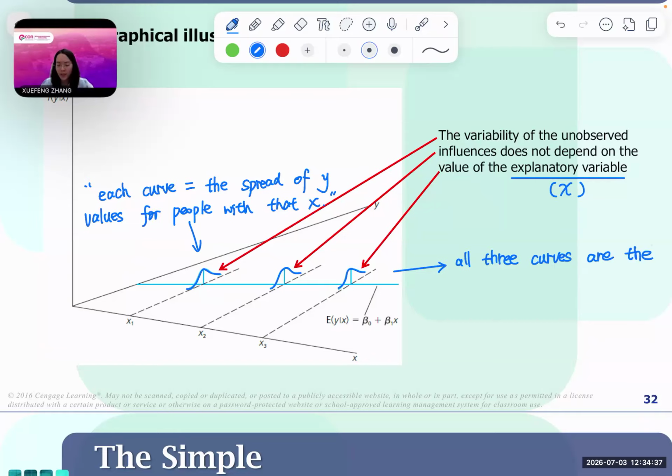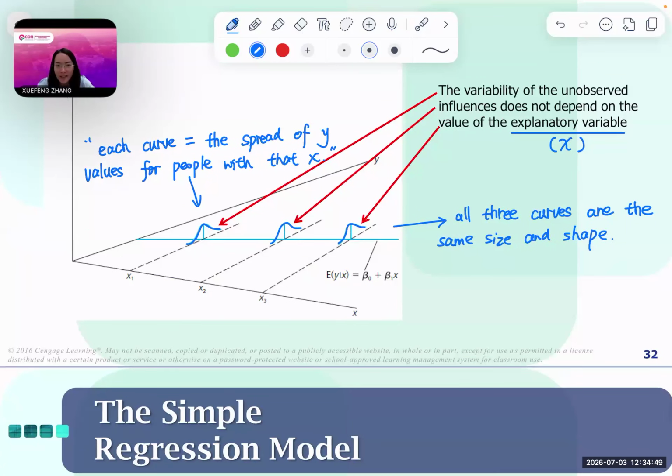All three curves are the same size and shape. So it means that the spread of mu does not change as x changes.